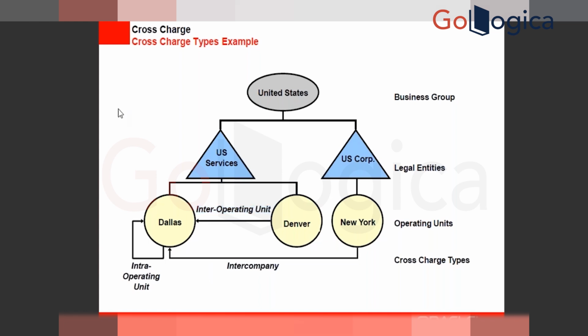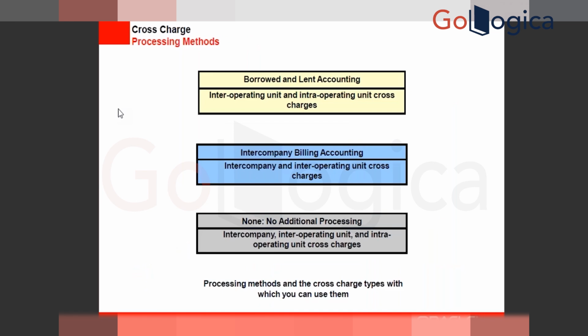Now, these are the different kinds of processing methods. The processing methods are nothing but how the system will calculate the journal entries, or what method it will follow. Whenever we say borrowed and lent accounting, it mainly talks about how, with the help of accounting entries itself, the cost and revenue will be distributed between the provider and receiver.